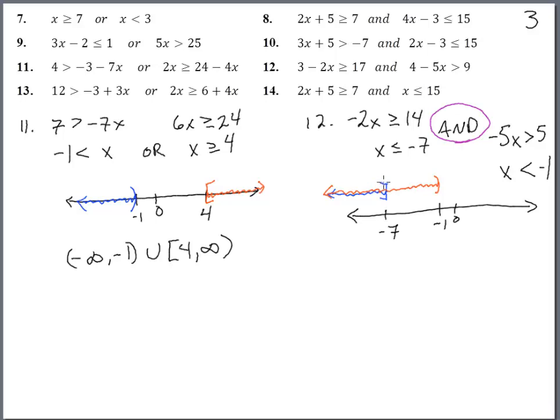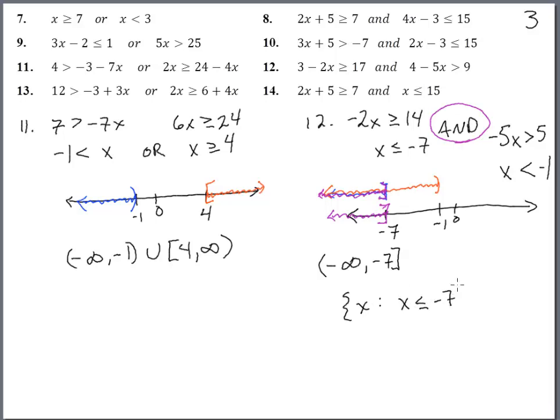And we notice that all of the blue guys here are colored in blue and red. So our end result for an answer are all of these numbers. How do we write that down? Interval notation, that's negative infinity up to negative 7, closed there, open there.